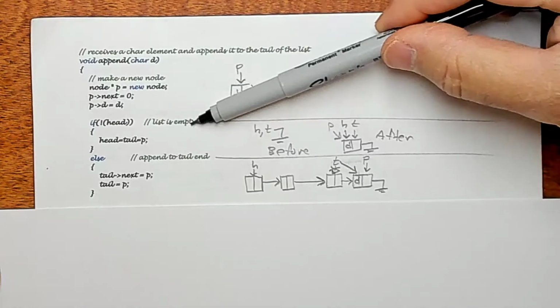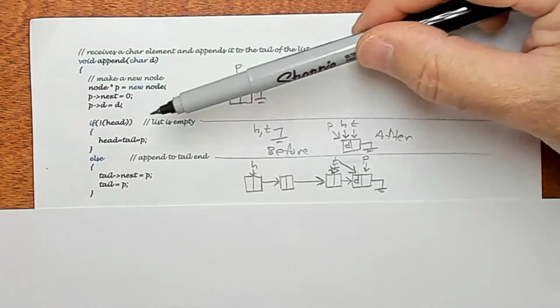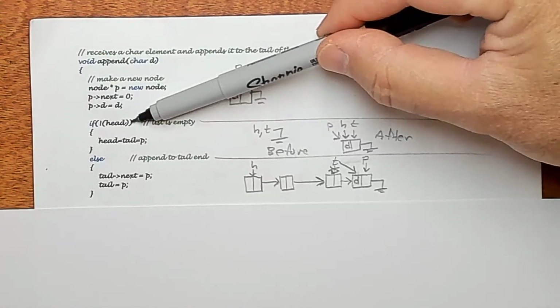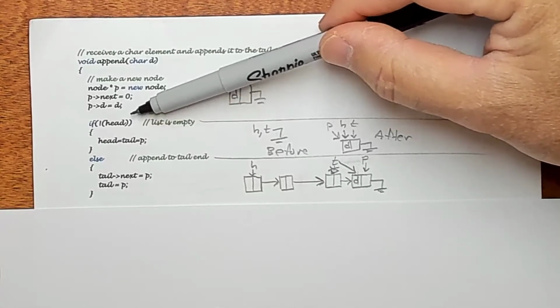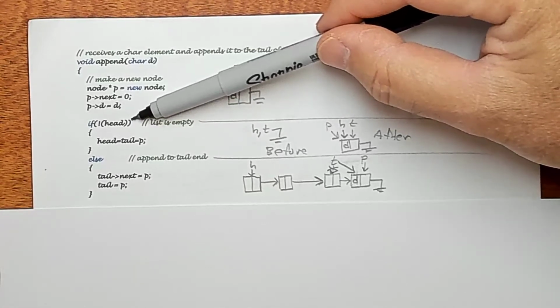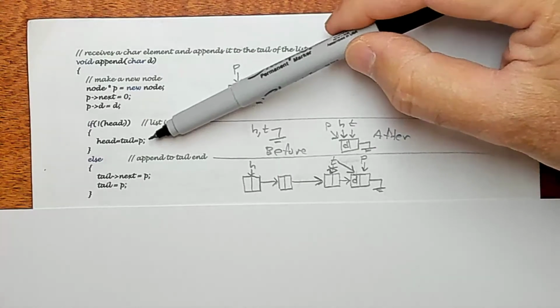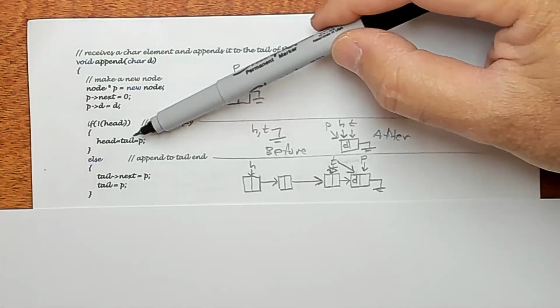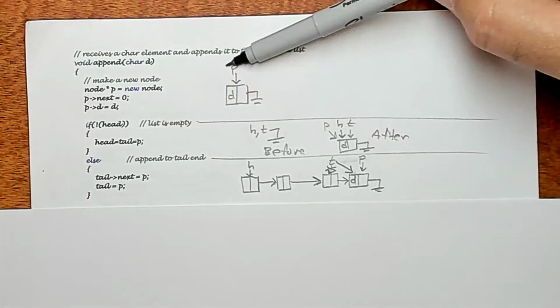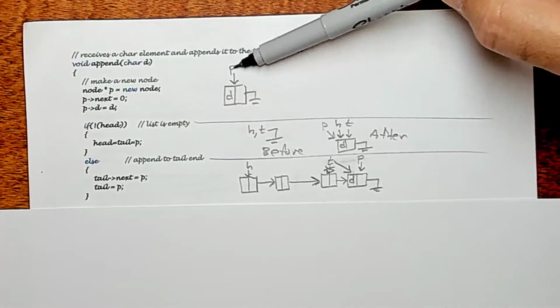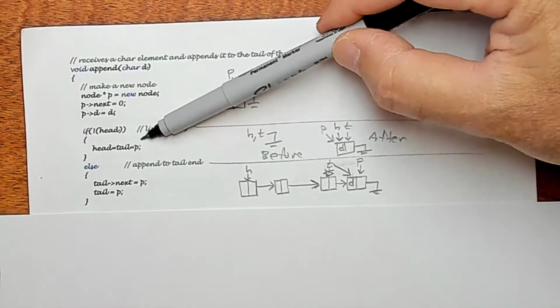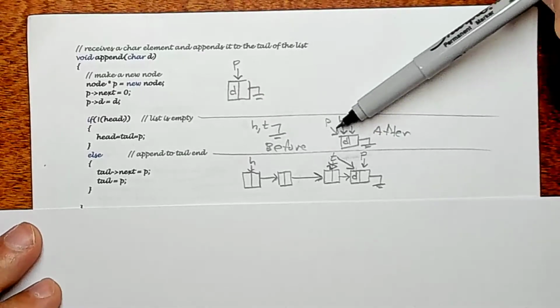Okay, so we've got a couple of cases. It could be empty, which you indicate by the head pointer being nothing, which is what it's initialized to. If that's the case, you make the head and the tail pointers point to the same thing that P pointed to. You do a line that looks like this, which I've indicated with a little diagram in here.